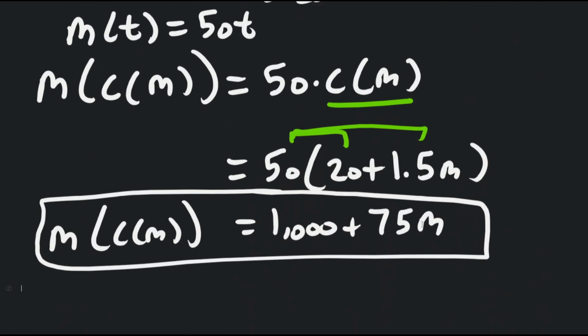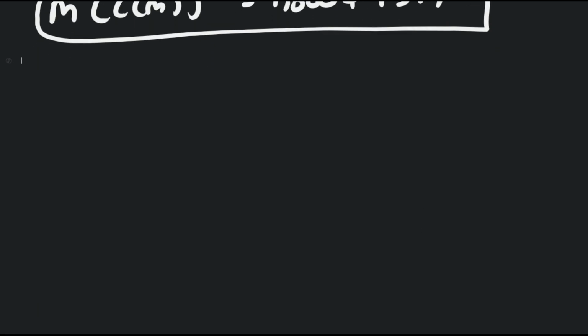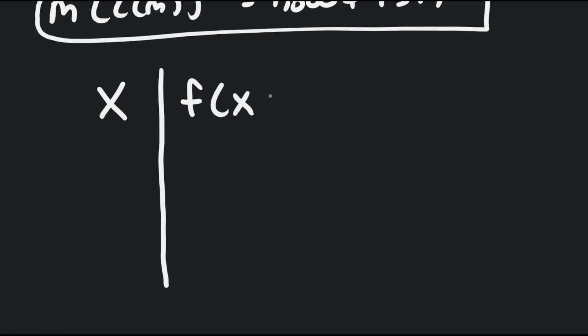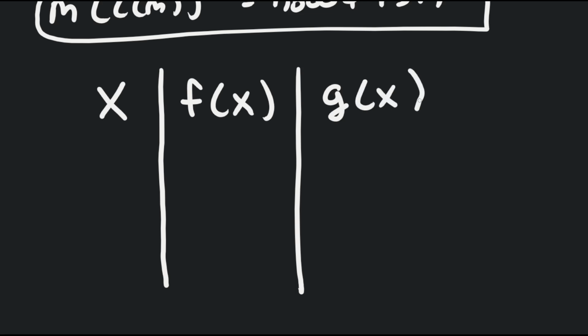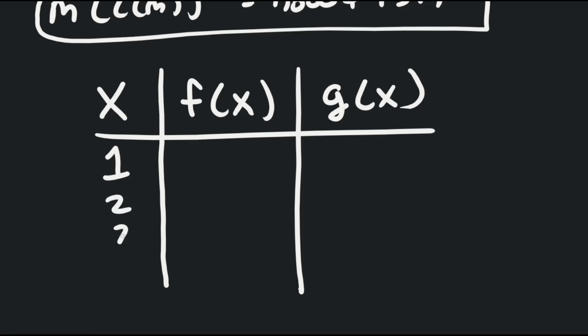All right, so now let's go through another example together. Let's say we had a table right here. We had x representing all our inputs, a function f of x, and then another function g of x. Let's say for our x values, our inputs, we had 1, 2, 3, and 4.